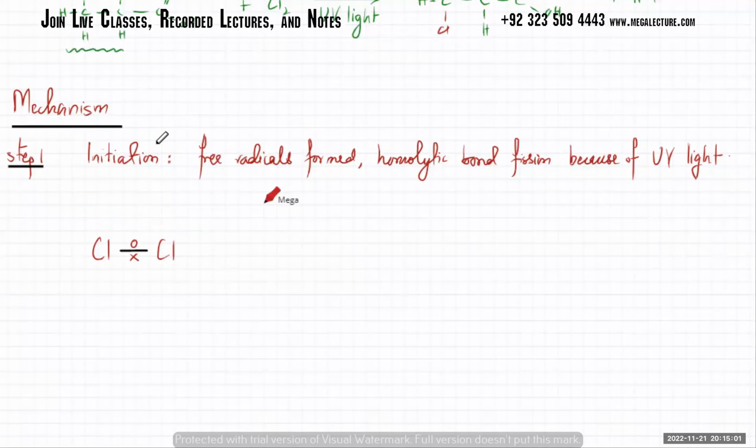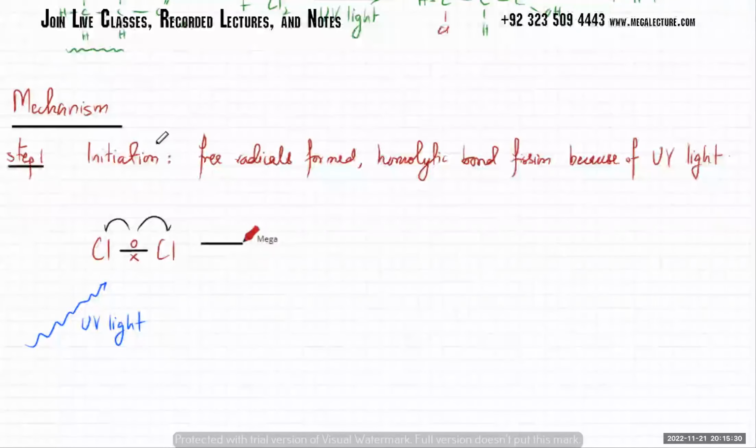So when you have sunlight, here's your UV light, your high frequency rays. The bond over here is going to break, and it's going to break equally. One electron will go back to Cl, the other electron will go back to the other Cl, and that will result in the formation of two free radicals. So you're going to get two atoms of Cl.